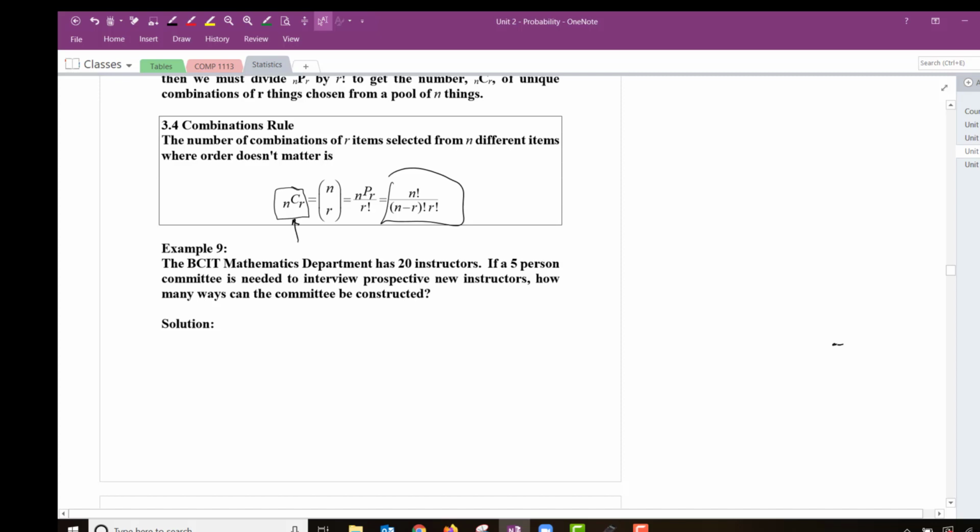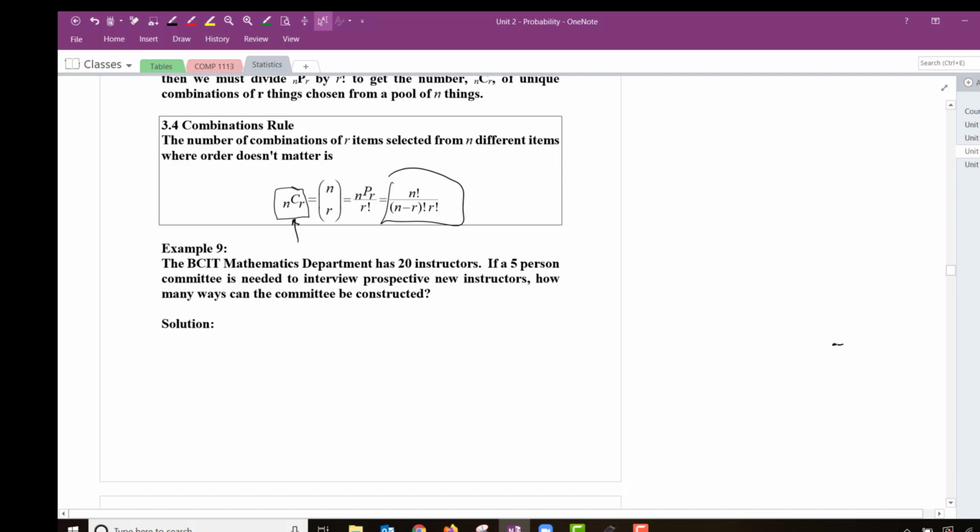If it's Paul, Scott, Brenda, Andrew, and Sandy, is that the same committee as Sandy, Paul, Scott, Andrew, and Brenda? I think the answer is they're the same committee, the order doesn't matter.